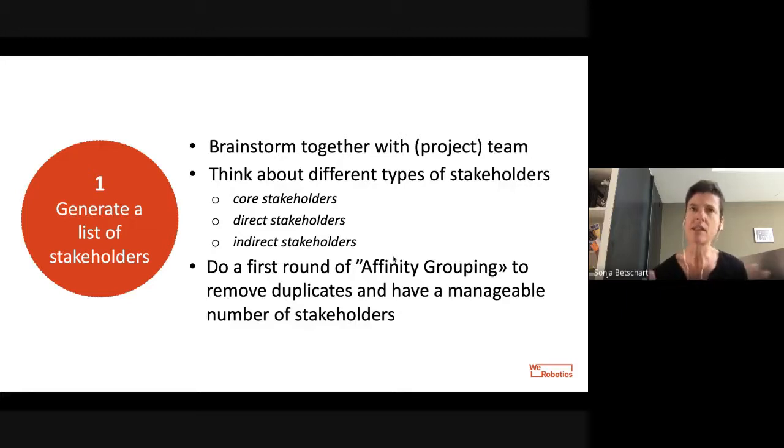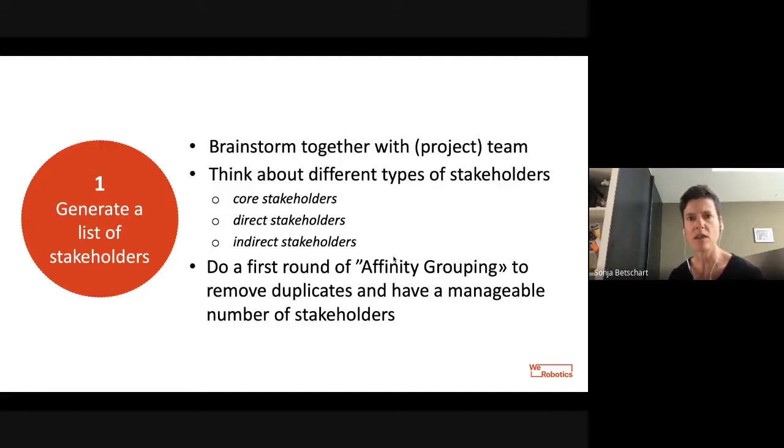And then once you have a nice list together, it's good to try to find a first kind of logic to that. I call that affinity grouping. Sometimes I had projects or programs where our list was very, very long. So how do you work with such a long list? Especially when we brainstormed in the project, but also brainstormed again with some of the stakeholders, and then the list got very long.